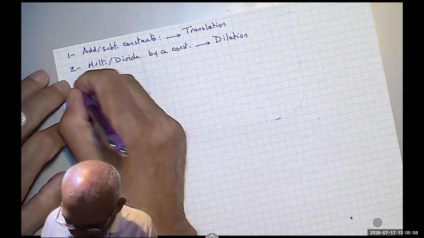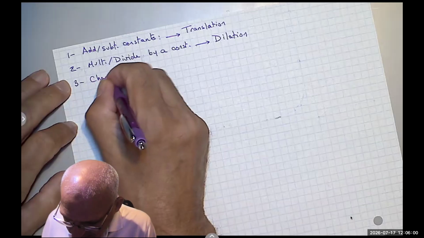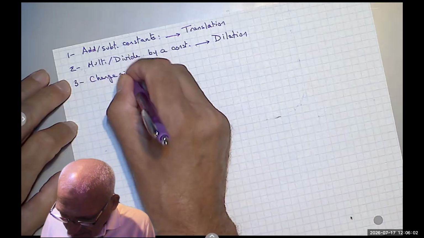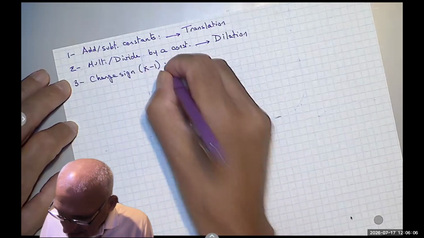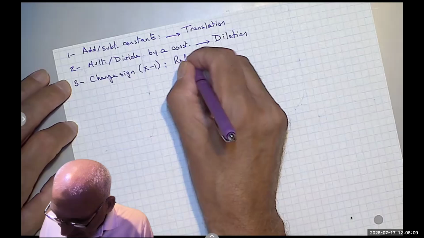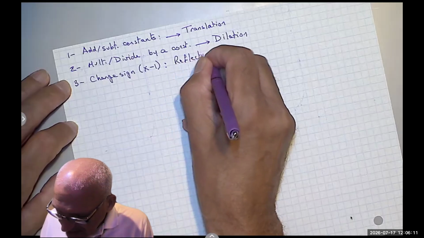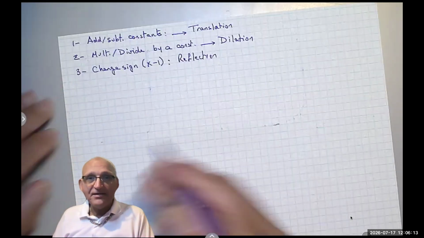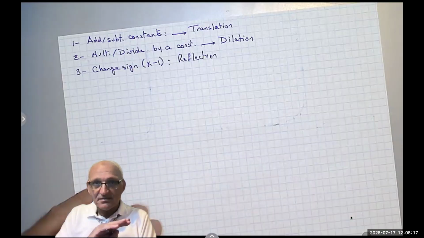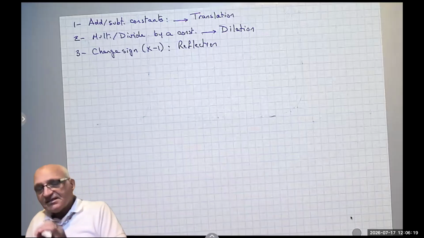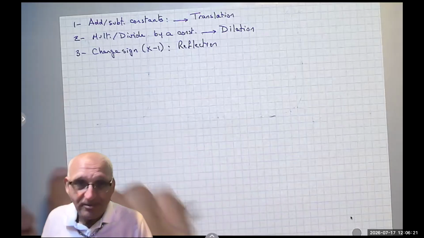Number three, if I change the sign, meaning multiply by -1, this is reflection. And the reflection here is either about the x-axis or about the y-axis. So we'll take some examples and I will show you what we mean by that.